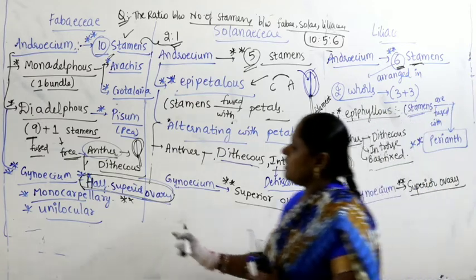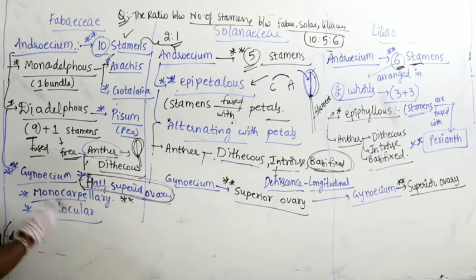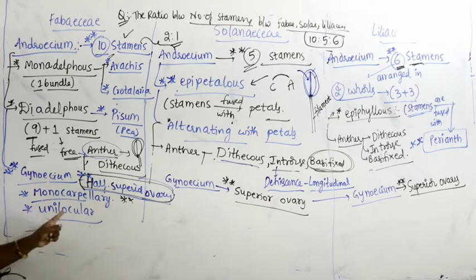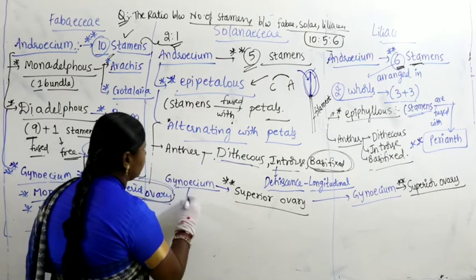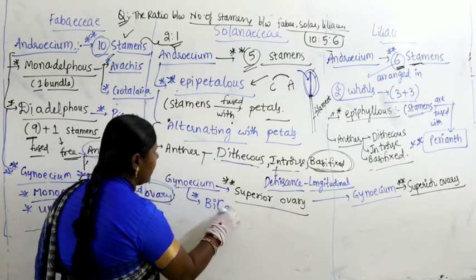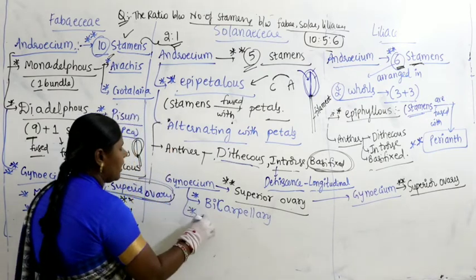Now coming to Fabaceae, it is monocarpellary, unilocular. Monocarpellary unilocular means only one carpel and one locule. One locule means the chamber where the ovule is present. One carpel, one locule: a characteristic feature of Fabaceae. Then what will you write for this? Let us write bicarpellary, and obviously it is bilocular.